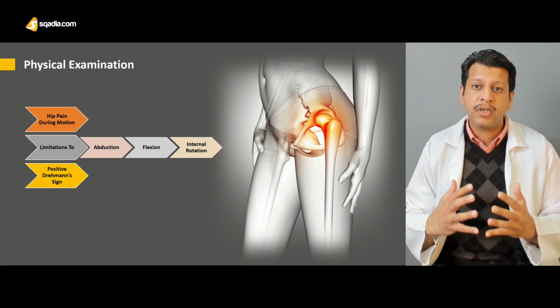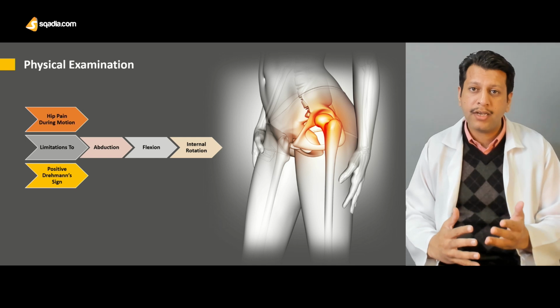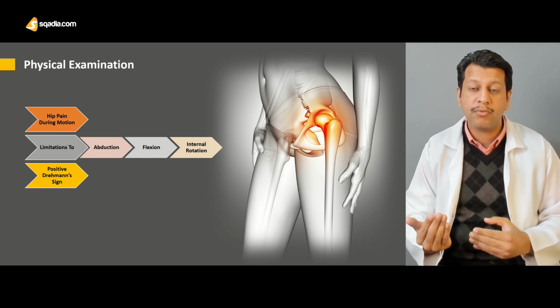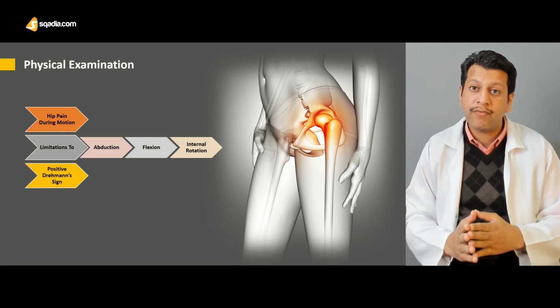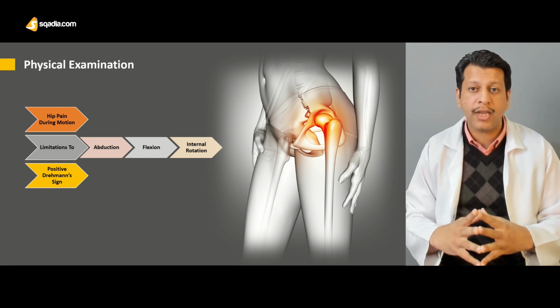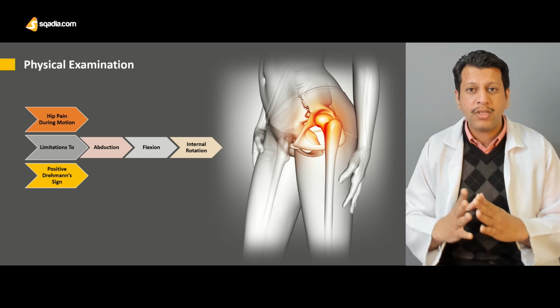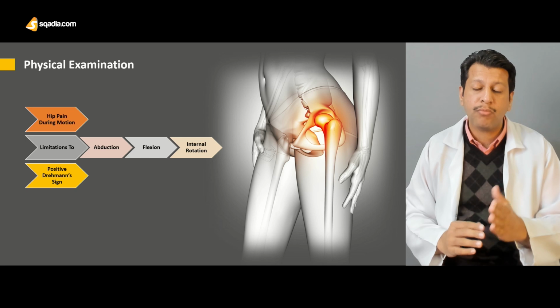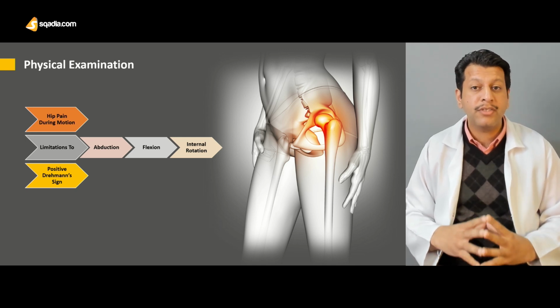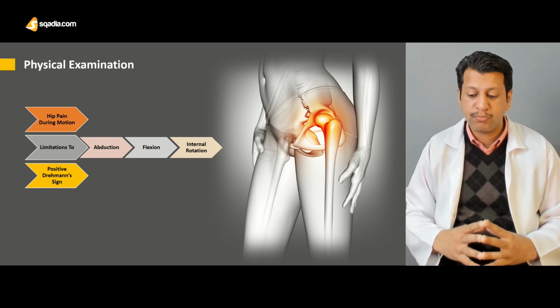The Drummond test would normally be negative if, when we are flexing the hip on the right side, the right knee is pointing towards the left shoulder. If that's happening, this is a negative test. But if there is increased external rotation during flexion and the right knee is actually pointing towards the right shoulder, this means the Drummond test is positive.